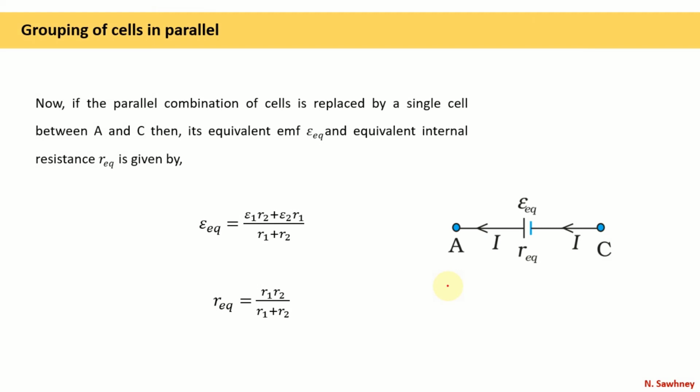That is, the parallel combination of the cells can be replaced by a single cell between A and C, as shown, with equivalent EMF E equivalent and equivalent resistance R equivalent. The values are as we have just obtained after simplification.